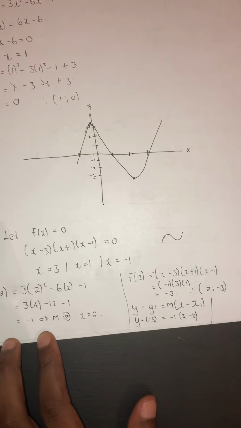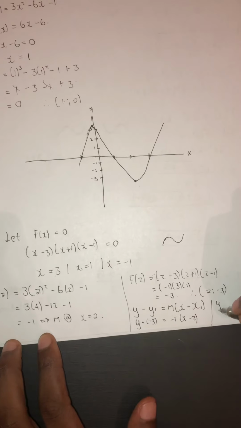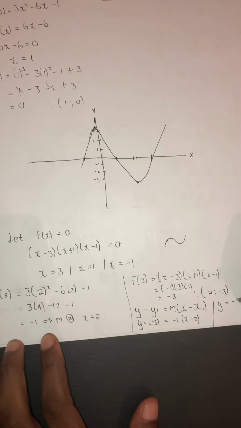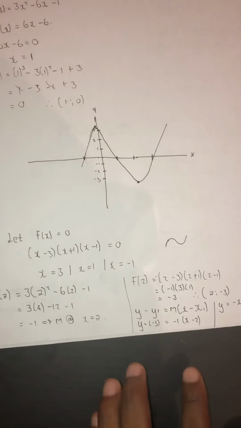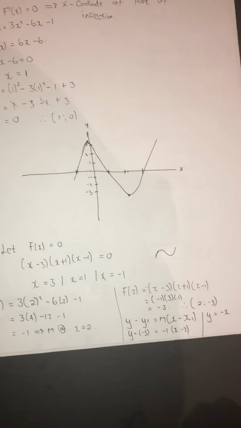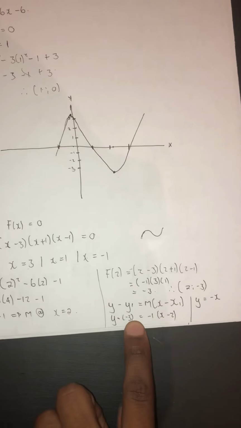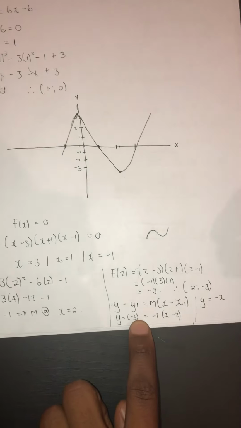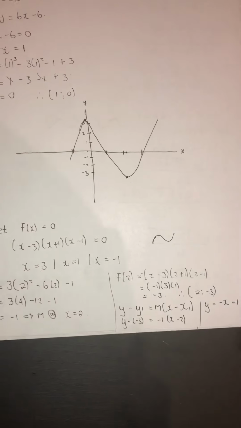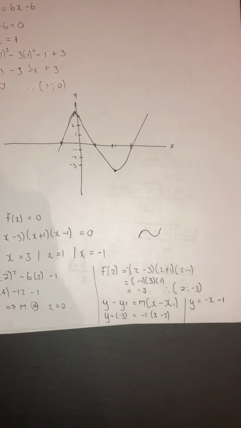And then if you solve this, you will end up with y is equal to minus x, and then if I take that one, it will be positive 2, and then positive 3. I take it to the other side is going to be negative 3, then I will get negative 1. So this will be the equation of the tangent at x is equal to 2.